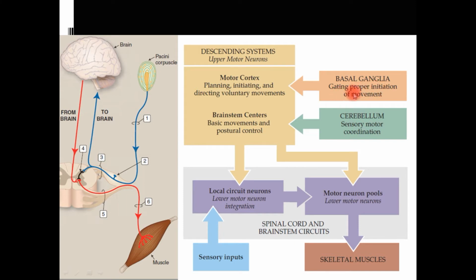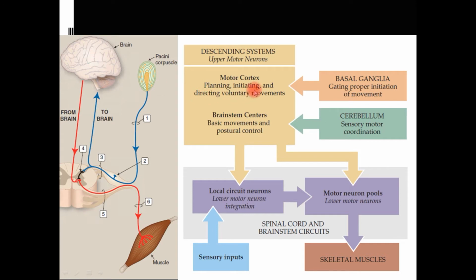So basal ganglia is responsible for initiation of the movement, and cerebellum is responsible for the sensory motor coordination. That means whether the command which has given to the muscle is performed properly or not, is sensed by the cerebellum, and then if any correction is to be made, the cerebellum is the one which is responsible to give the signal to the brain that the correction has to be made.